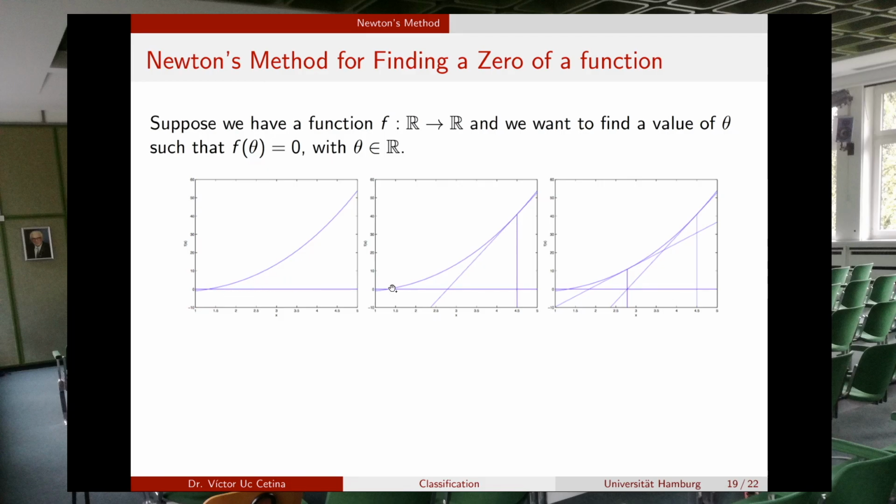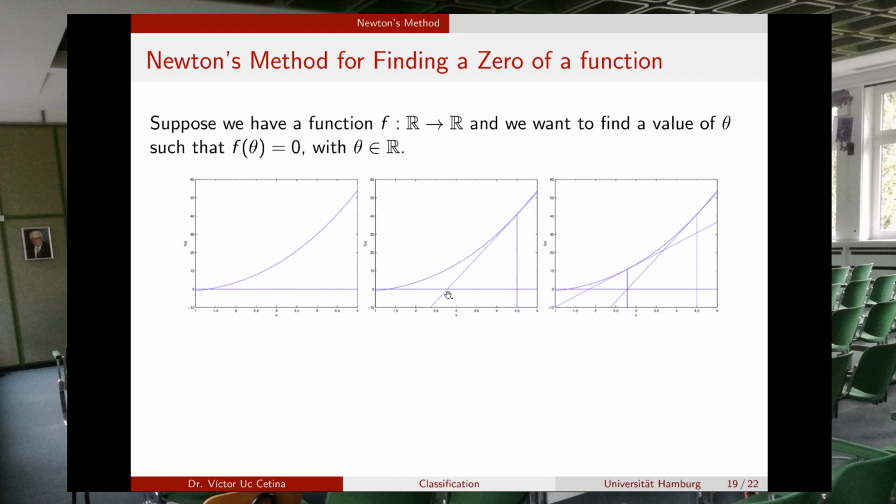So what we do is simply start in a random position. Suppose that we start in this position here, 4.5. You evaluate your theta value in the function f, the curve. So you get this value here, and then you compute the tangent line to this point in the curve. You extend the line until crossing the x-axis at 0, and then you will have your second value of theta.